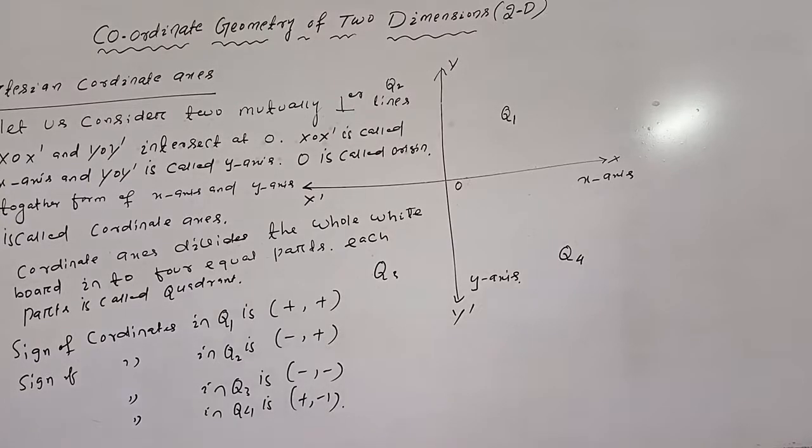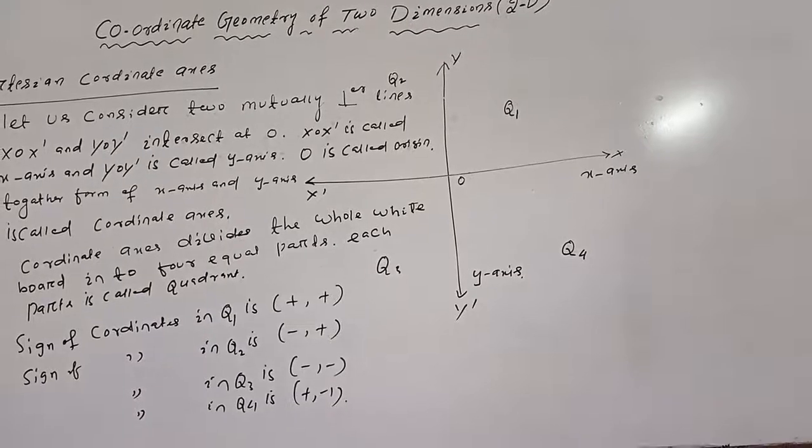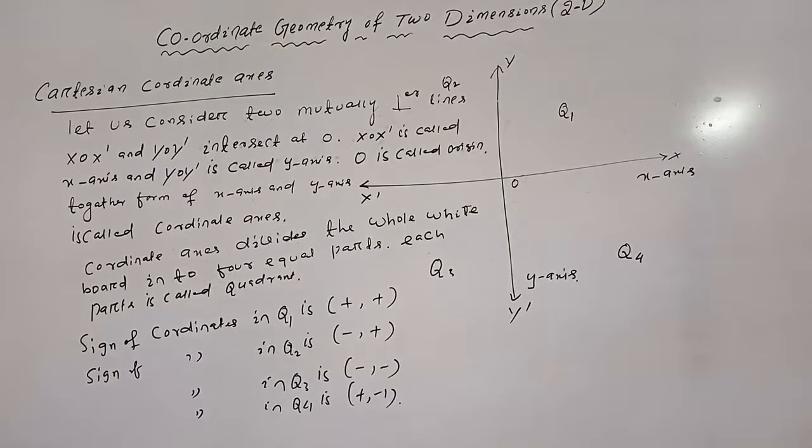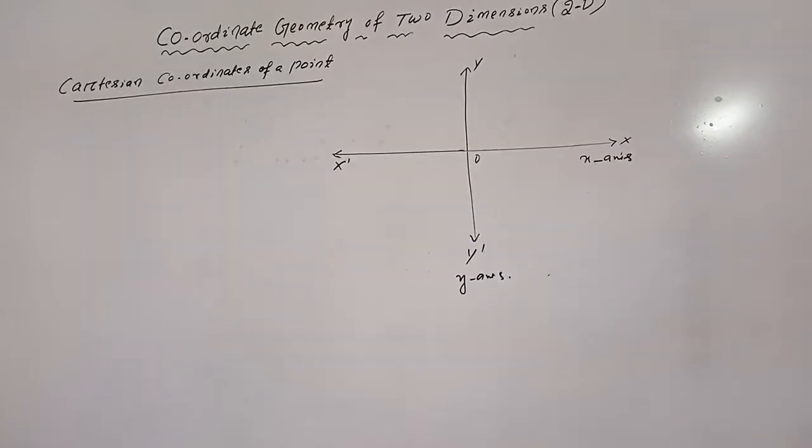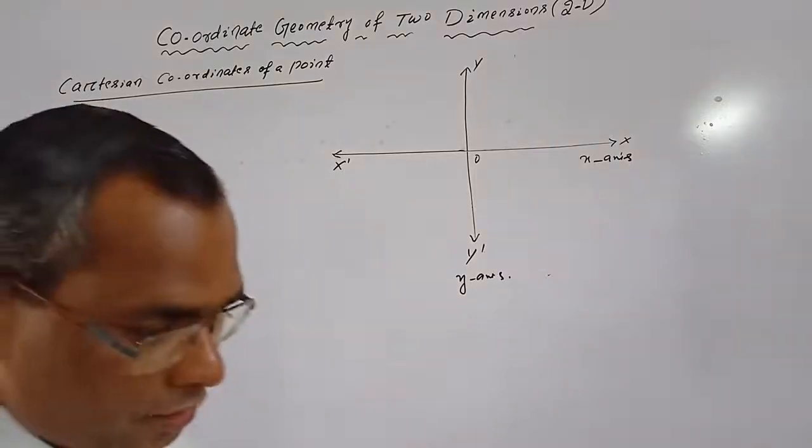How can you determine the coordinates of a point? Cartesian coordinates of a point or rectangular coordinates of a point.